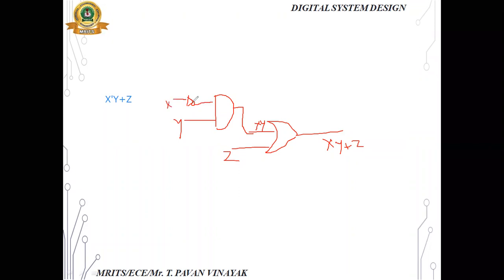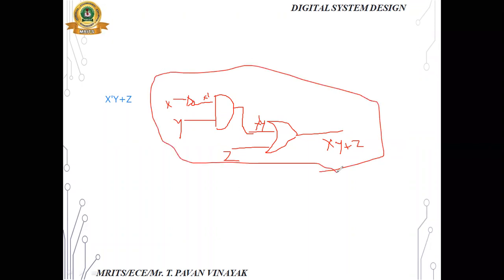So for X we get X bar, then the output is X bar Y plus Z. Like this, you have to implement circuits using basic gates.